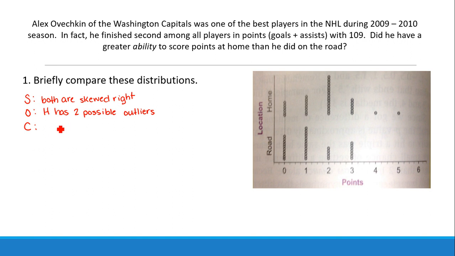For center, home has a higher median. Remember, we use that because they're skewed. And home also has a larger spread.